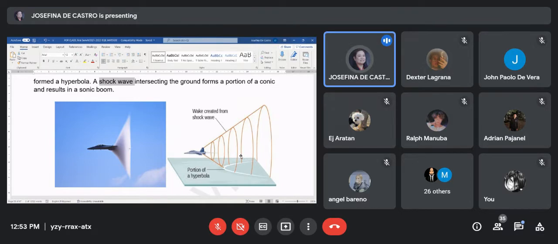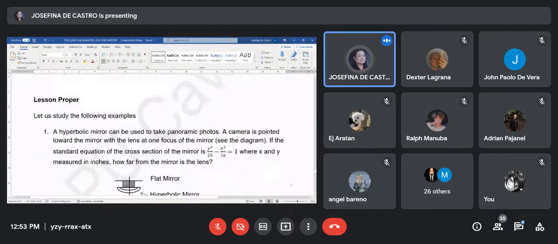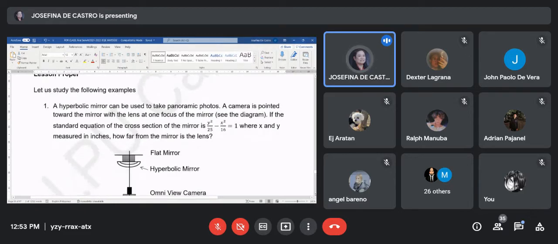Ito yung pagbulusong ng jet fighter sa air, nakapag-create siya ng shock wave, and then nakapag-form yun ng hyperbola. Kasi yung dalawang branches ng hyperbola, yung shockwave na na-create ng sound ay parang sa kabila mo narinig. Yun ang isang application ng hyperbola.